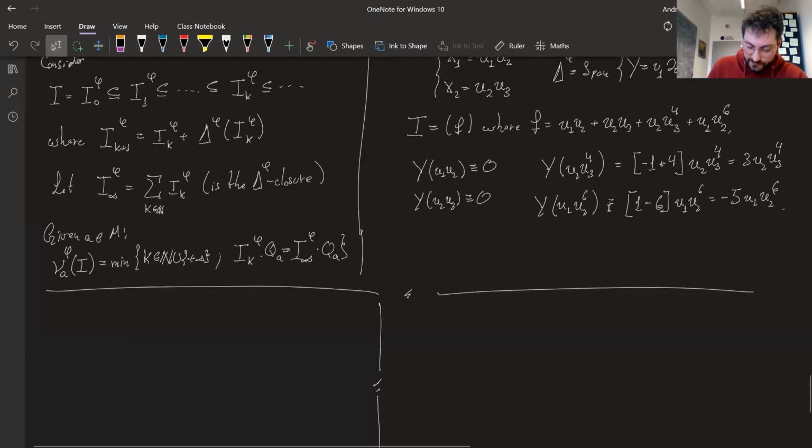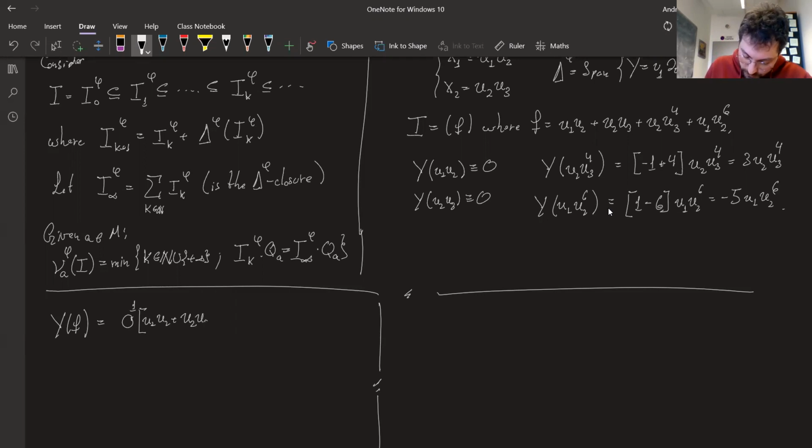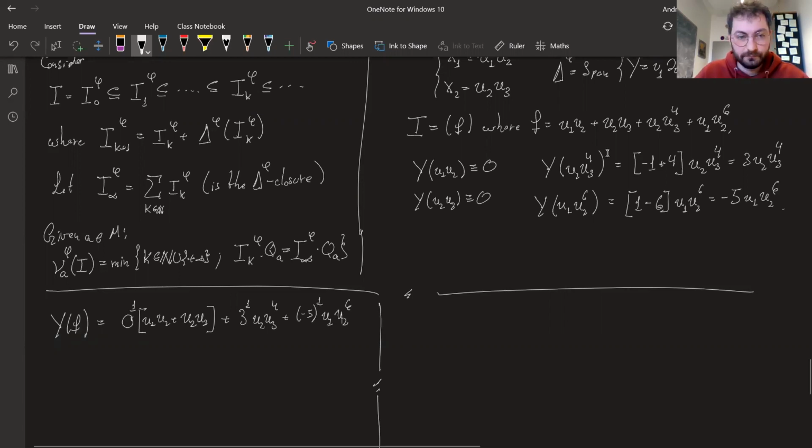So the first information that we have is that if we take y of f, this is going to give us 0 times u1 u2 plus u2 u3, now it's going to appear 3, which multiplies u2 u3 to the power 4, plus minus 5 u1 u2 to the power 6.